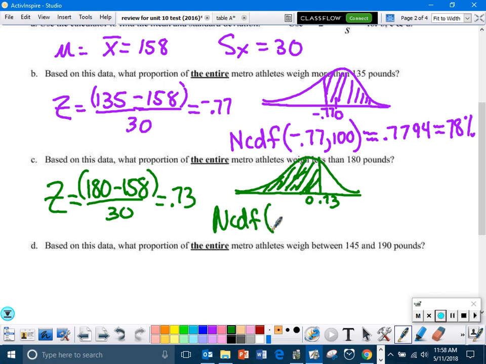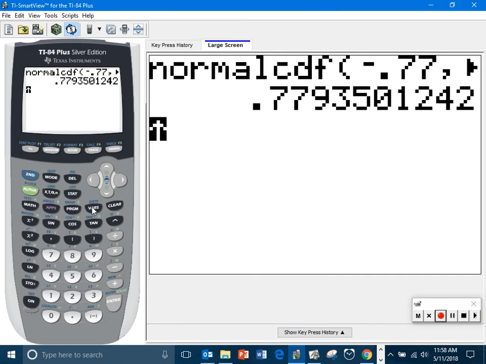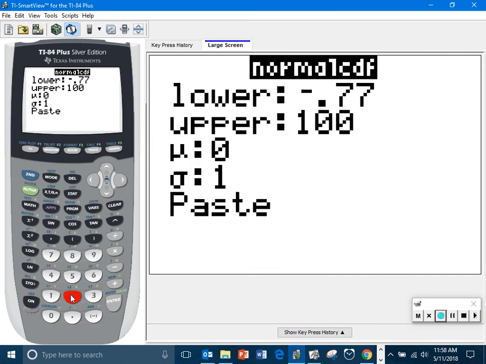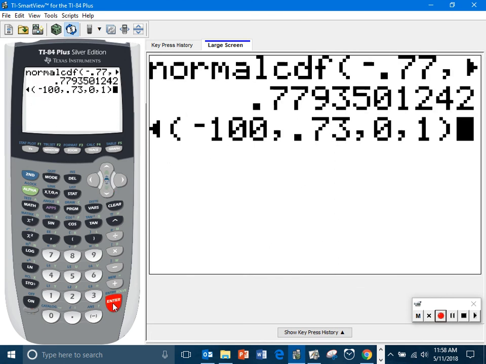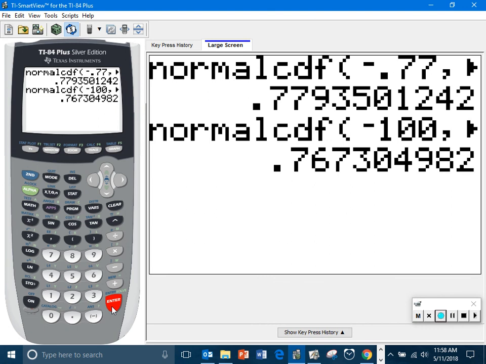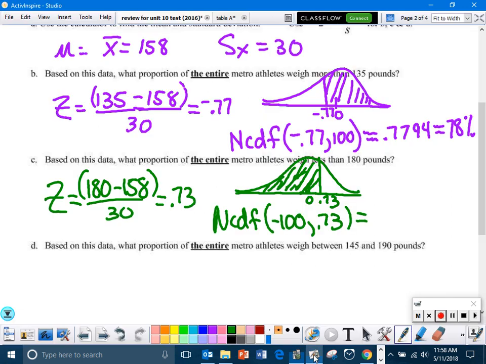Since I shaded to the left, I'm going to go negative 100, comma 0.73. Okay, and 0.7673. And I'm going to round that to approximately 77%. So approximately 77% chance that they weigh less than 180.